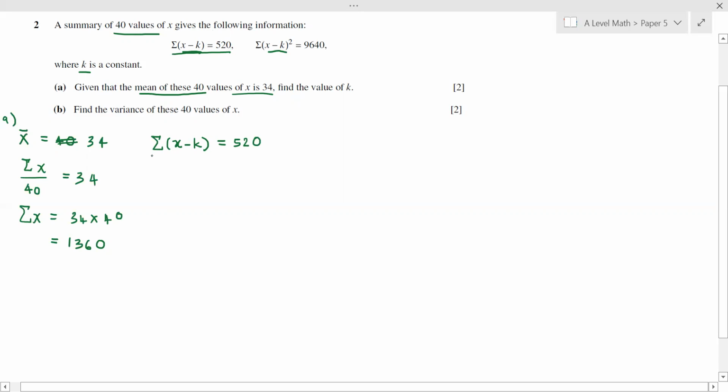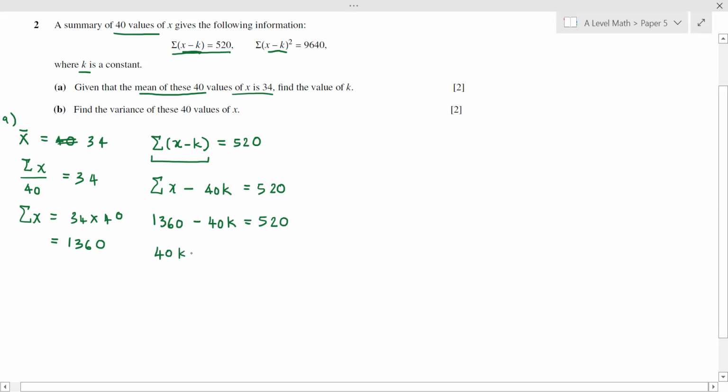So this part will actually give us the sum of x minus 40k, and that should be 520. So when you sum all the x minus k, you actually have the sum of x minus 40 of this k. And we know that the sum of x is 1,360, minus 40k, and that is 520.